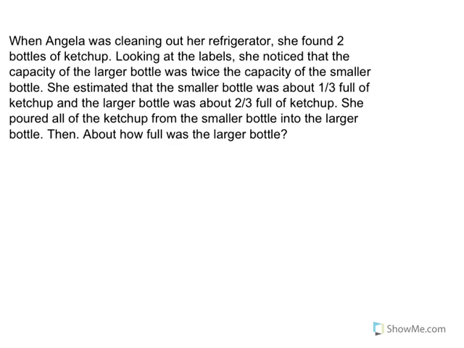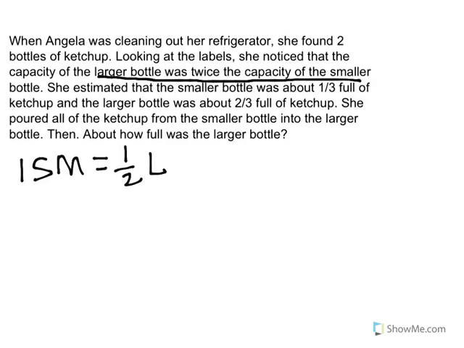Well, let's think about this. We know that 1 small bottle is equal to 1/2 the large bottle, because it says the larger bottle was twice the capacity of the smaller bottle. So 1 small bottle equals 1/2 of the large bottle. Well, we have 1/3 in the smaller bottle.